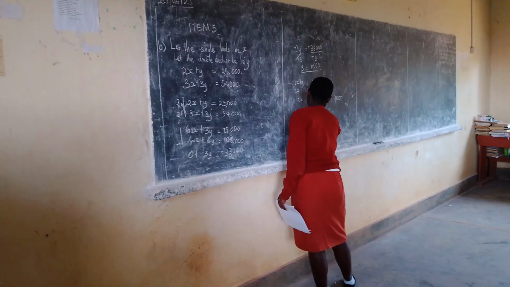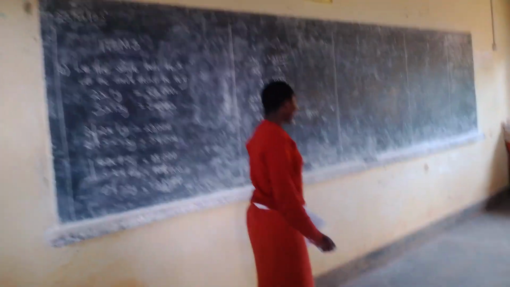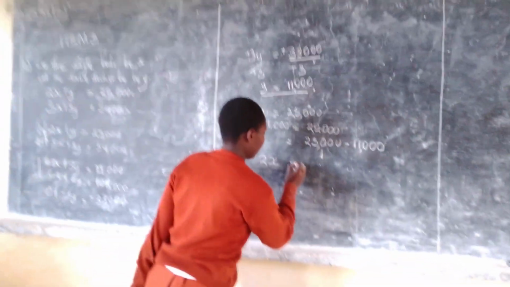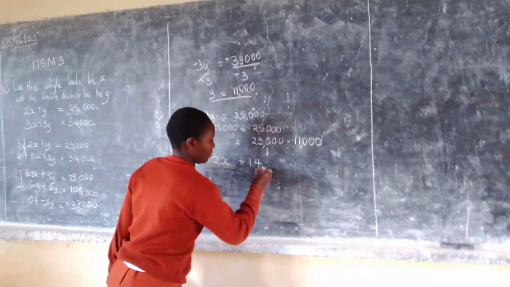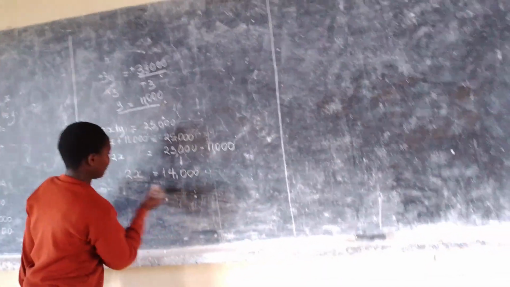What is 25,000 minus 11,000? 14,000. We divide both sides by 2.